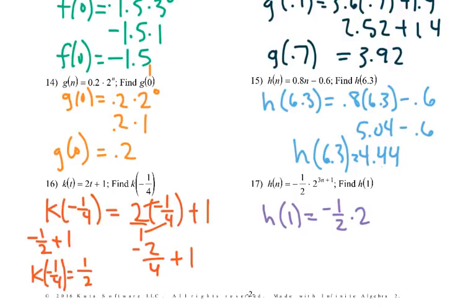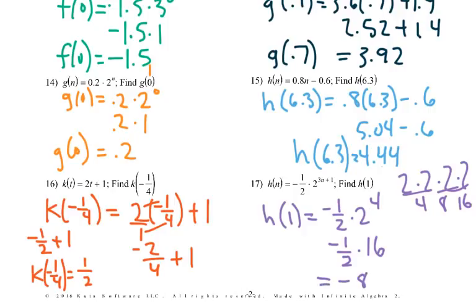I'm just going to erase that so I don't rewrite the whole thing. Then 2 to the 4th, that's like 2 times 2 times 2 times 2. So that's 4, 8, and then 16. So negative 1/2 times 16. Well, that's like 16 divided by negative 2, so it would be negative 8. So h of 1 equals negative 8. So there we go. There's all those problems. That's all we do when we're dealing with those functions.